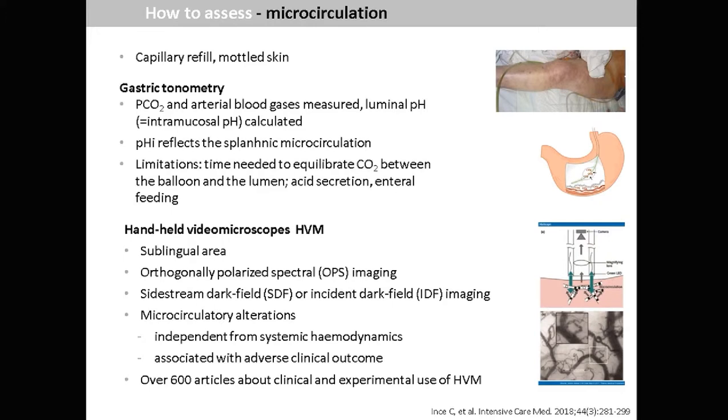That reflects the gastric mucosal microcirculation. There are some limitations. It needs some time to equilibrate CO2 between the balloon and the lumen. There is acid secretion and enteral feeding, which interfere with the results.